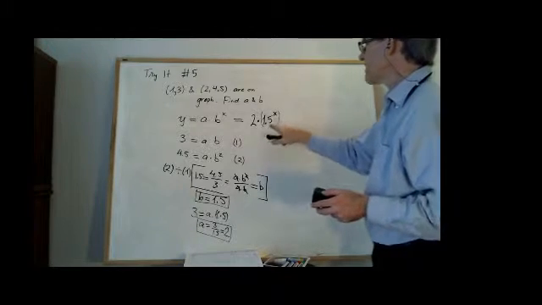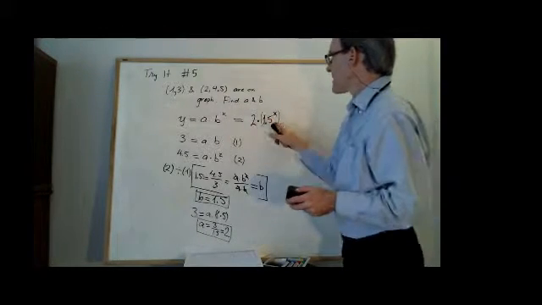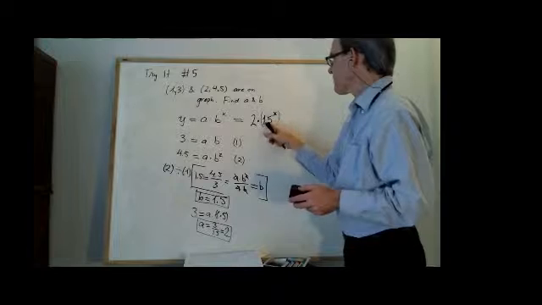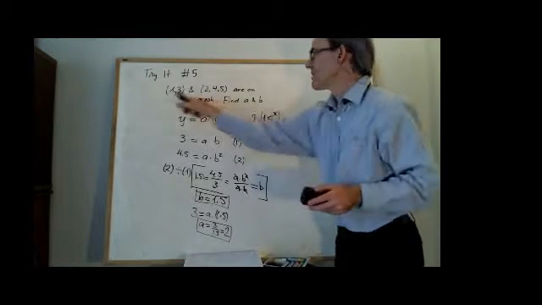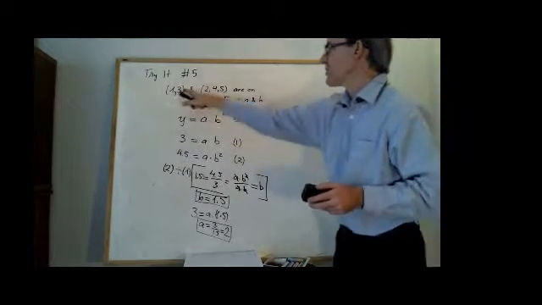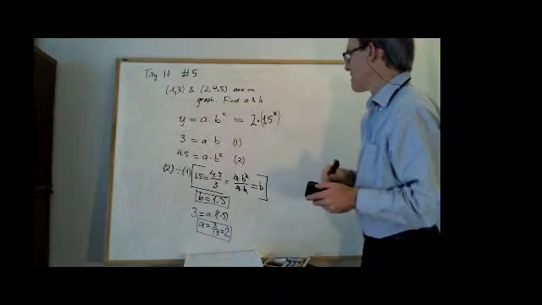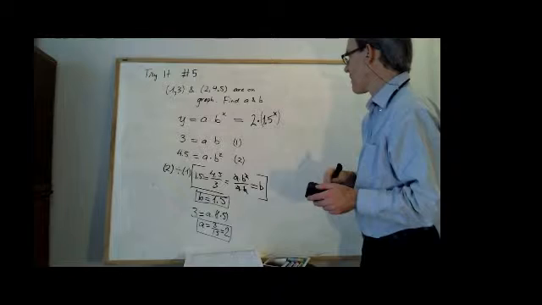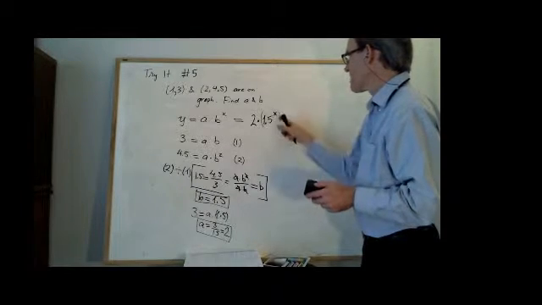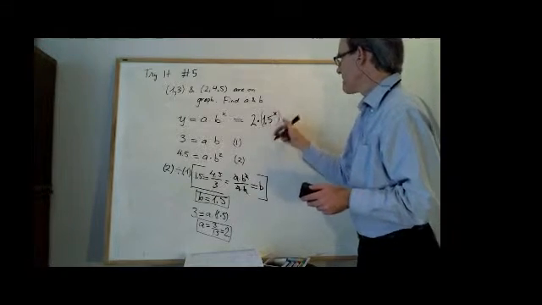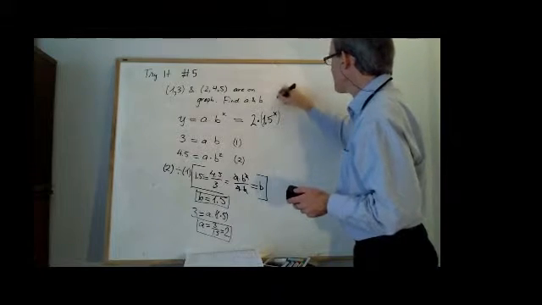One can check that this gives you the correct answer. If I plug in x equals 1, I get 1.5 times 2 is 3. That's correct. If I plug in x equals 2, uh-oh, something's wrong. Oh no, that's fine.